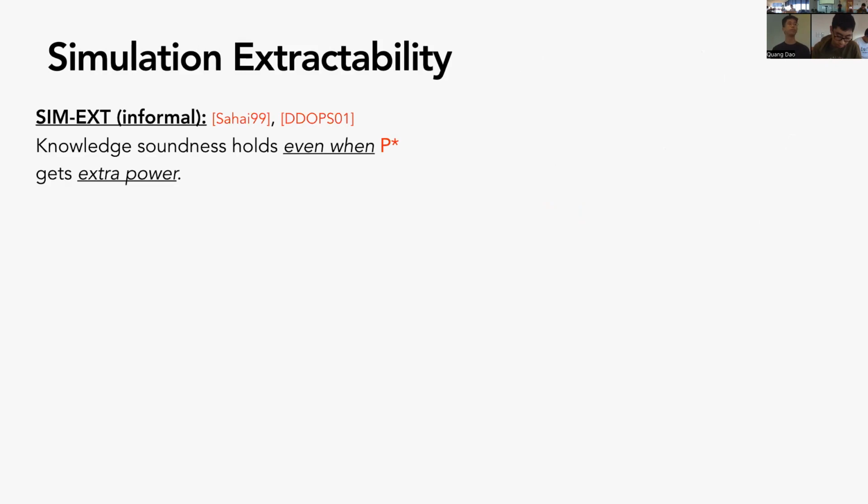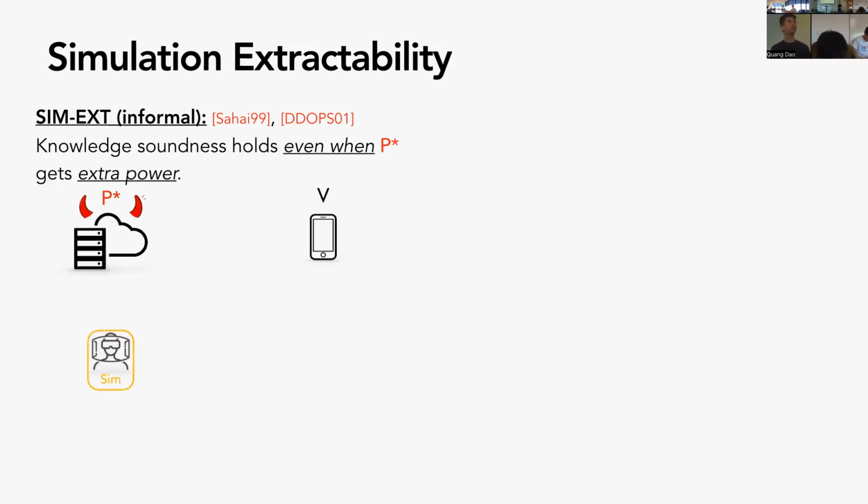Now, one such strong security property is called simulation-extractability. And informally, it states that knowledge soundness still holds even when the malicious prover gets some extra power. And this extra power has to do with its being able to get simulated proofs of arbitrary statements, even possibly false.